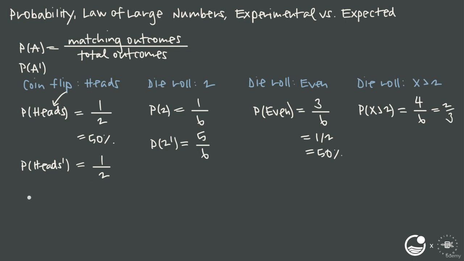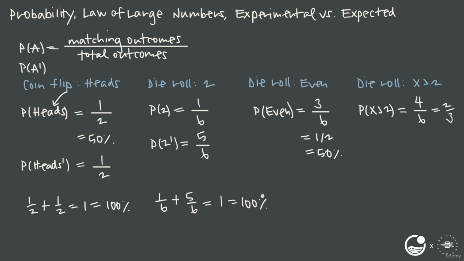So when we add those together, we get 1/2 plus 1/2, which is 1, or 100%. In this scenario, we had the event rolling a 2, and the complementary event not rolling a 2. If we add those probabilities together, we get 1/6 plus 5/6 equal to 6/6, or just 1, or 100%.